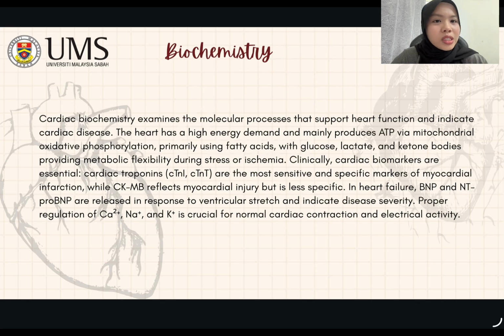However, during stress or ischemia, the heart can switch to glucose, lactate, and ketone bodies, demonstrating metabolic flexibility. In clinical practice, cardiac biomarkers are essential for diagnosis. So cardiac troponins, specifically cTnI and cTnT, are the most sensitive and specific markers of myocardial infarction. CK-MB can also indicate myocardial injury but is less specific.